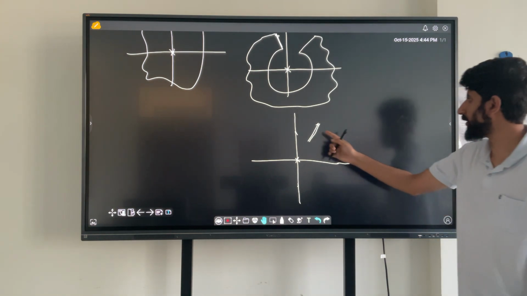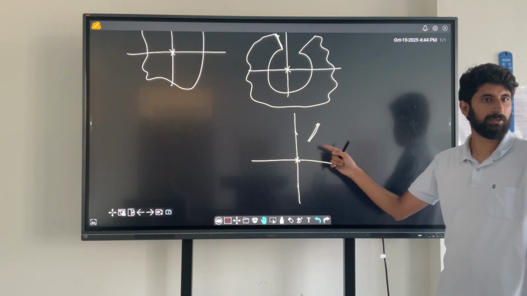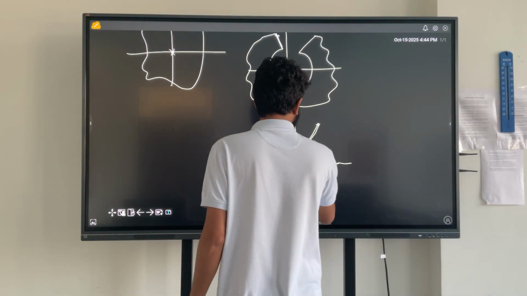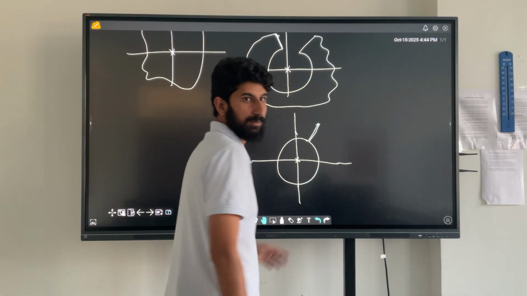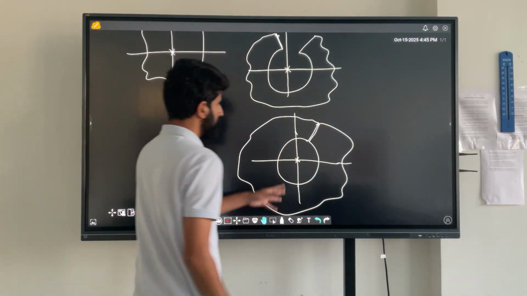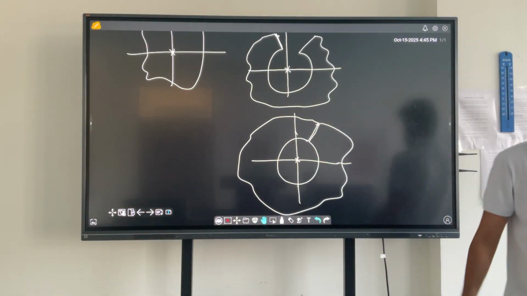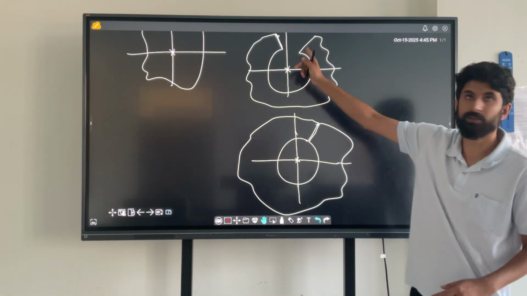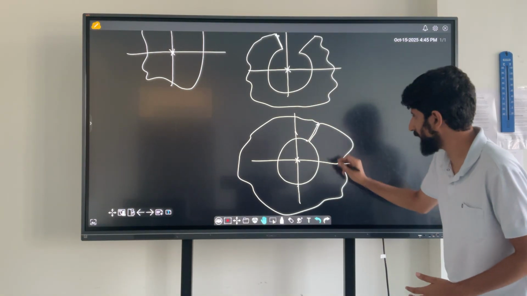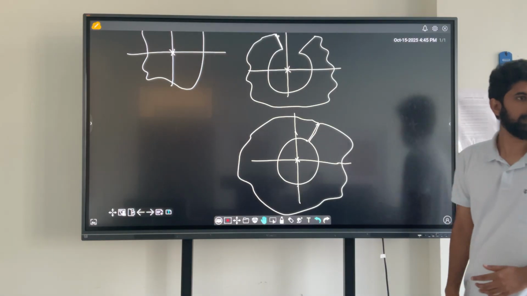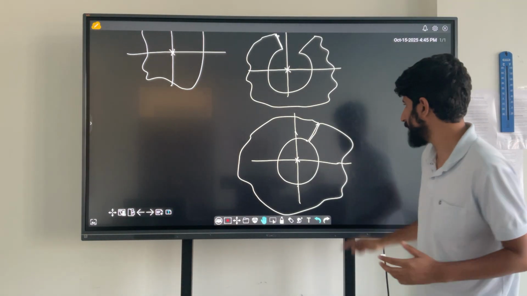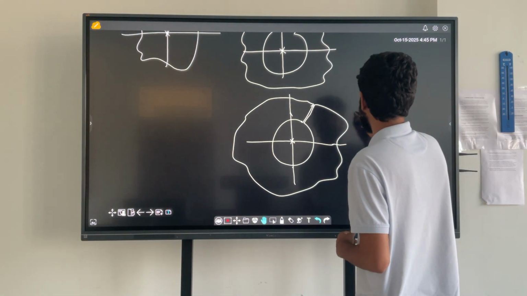I have just drawn them away from each other so that you can visualize the loop. Then there is a perfect circle, and outside there is some weird shape. What is this integral? 0. Still 0. The idea is the same: we have to take the region inside which does not contain the non-analytic point.